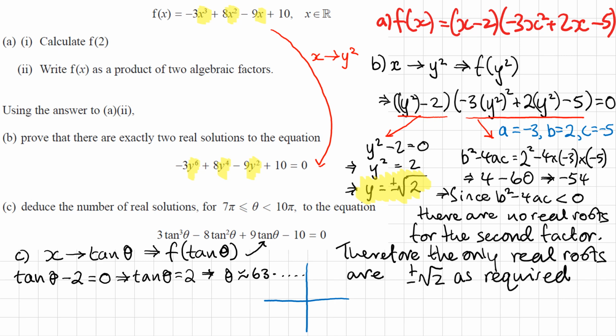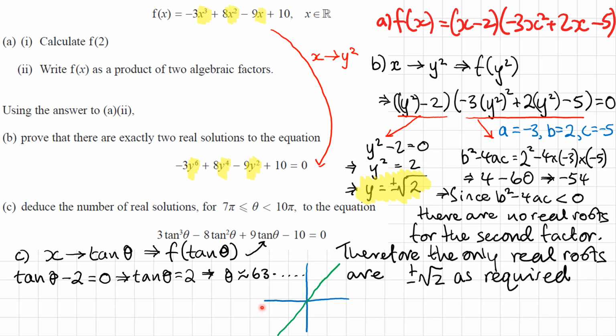So if I draw this 63 point whatever angle on my CAST diagram, it's going to be somewhere there in that quadrant, and I'm looking for solutions between 7 pi and 10 pi. Now whenever we're trying to solve for tan, remember we draw a straight line, so there's going to be solutions in these two parts of the CAST diagram.